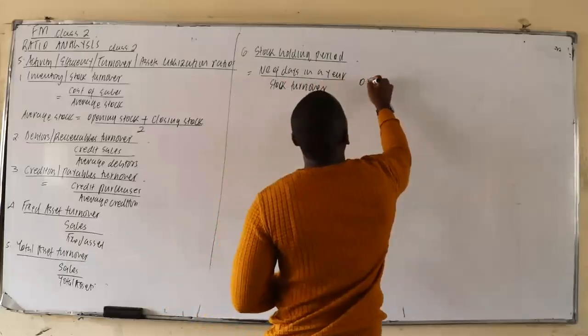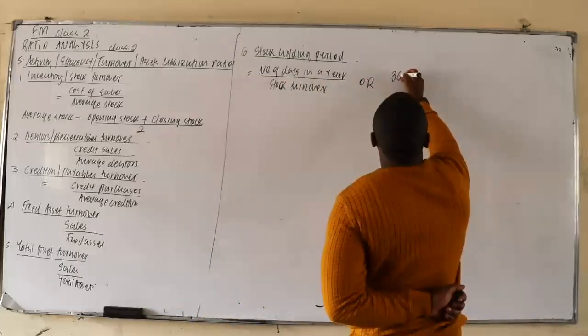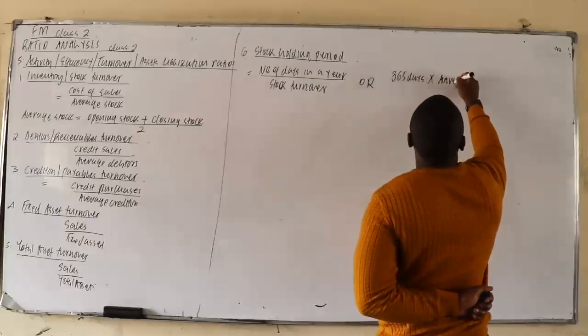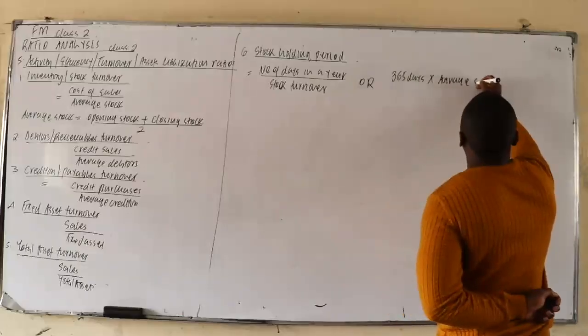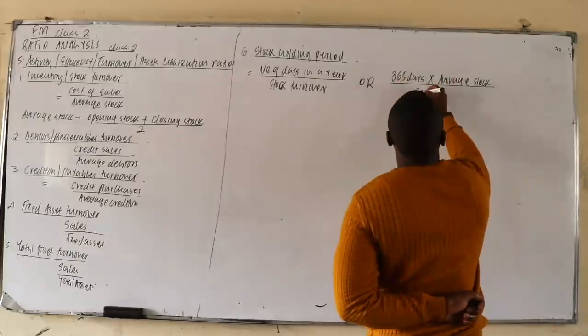Or alternatively, you take the number of days in a year, which is 365 days, multiply by the average stock, then divide by the cost of sales.